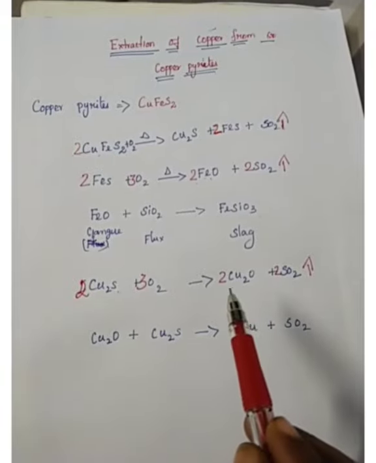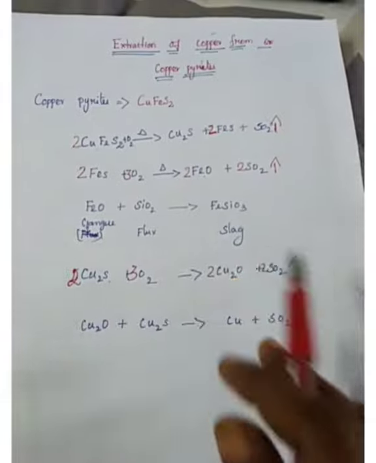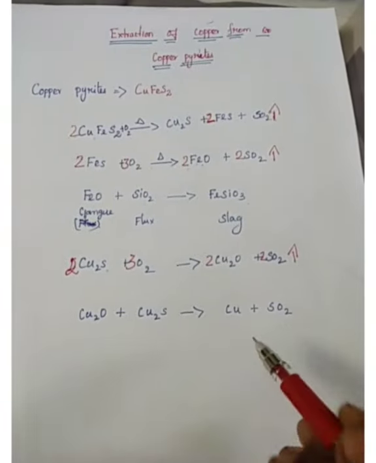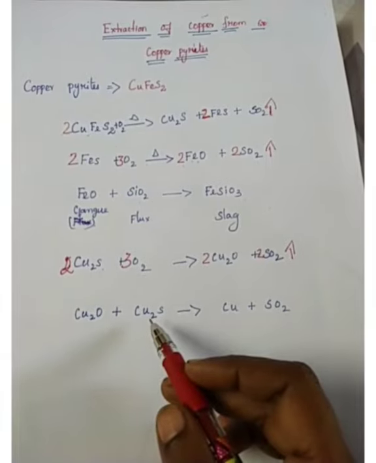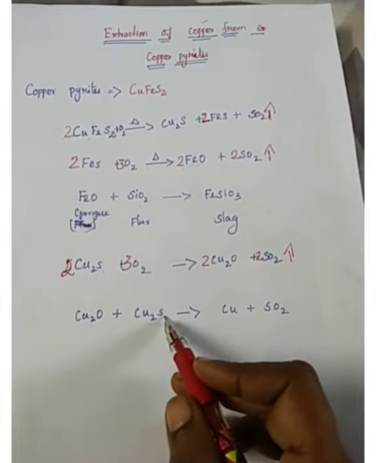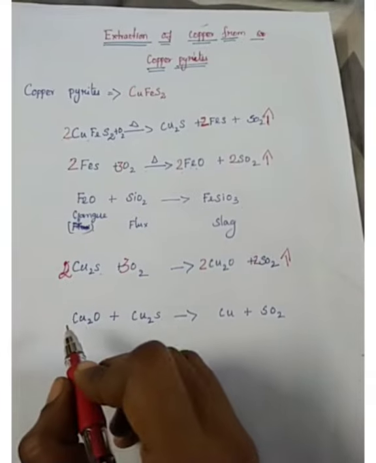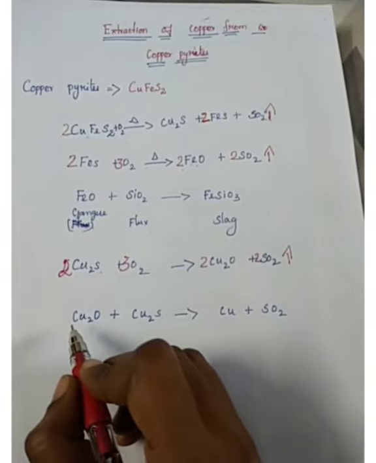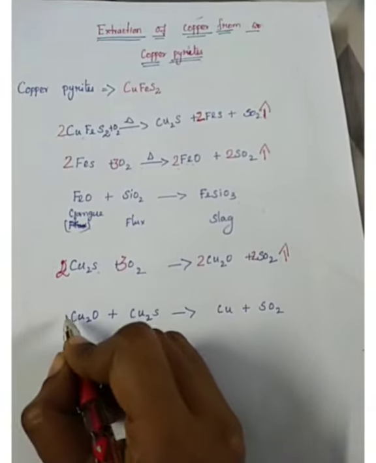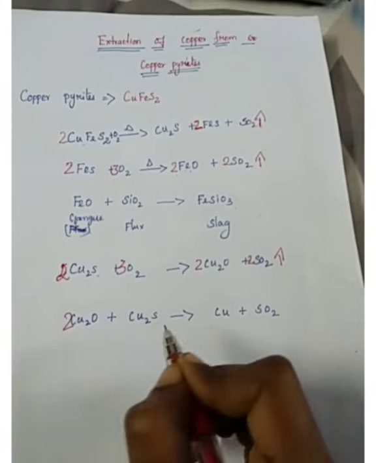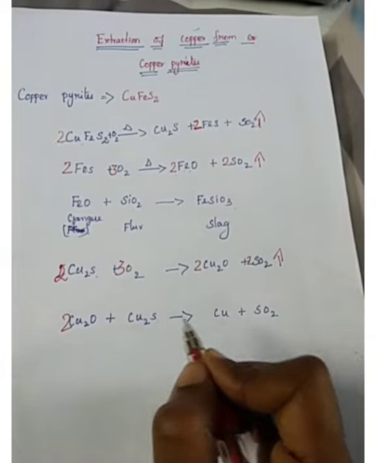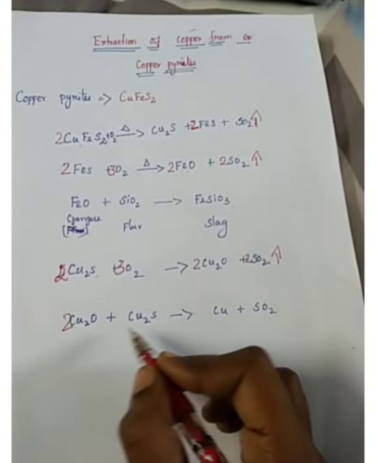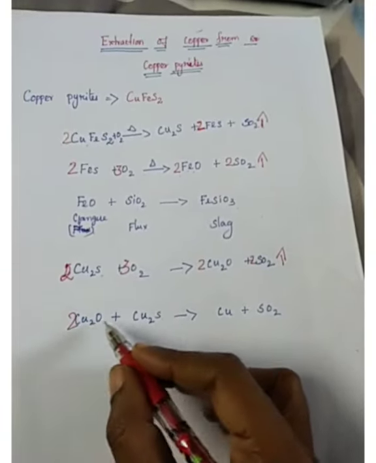From this Cu2O we are going to take Cu alone. To take Cu we are going to add again Cu2S. Now how many Cu's are present? 2 into 2 is 4.